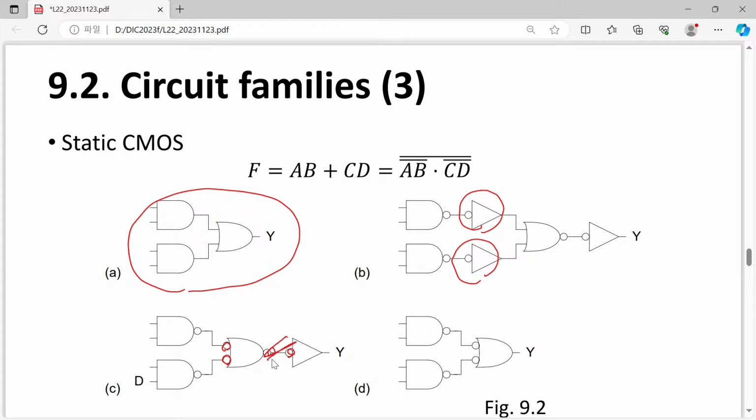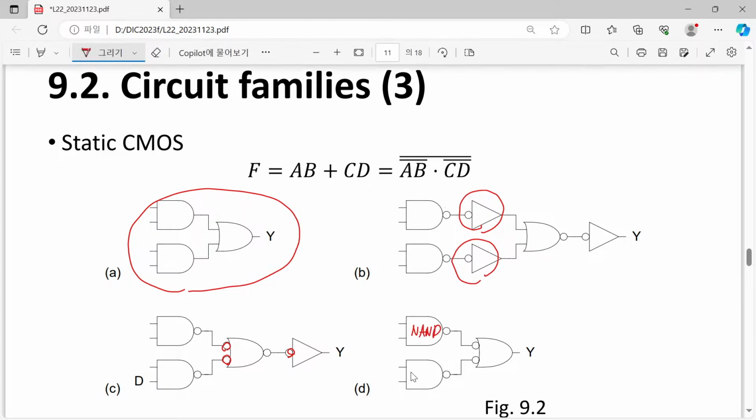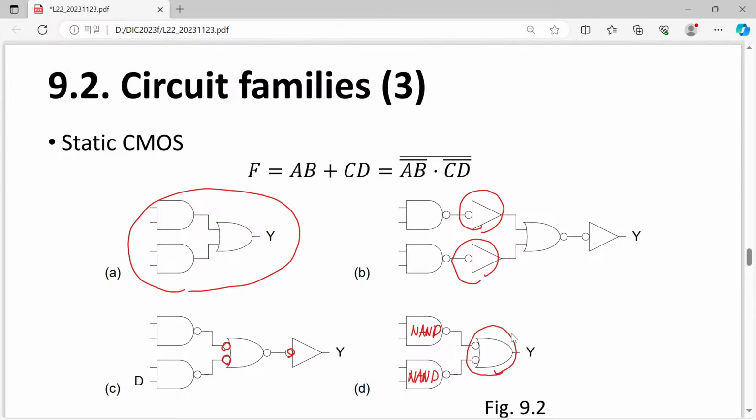These two bubbles just cancel out. Then finally we can have this form, the B, oh it's not B but D. So this is an AND and this is an AND. Although it is written in a slightly different form, this is also a NAND.